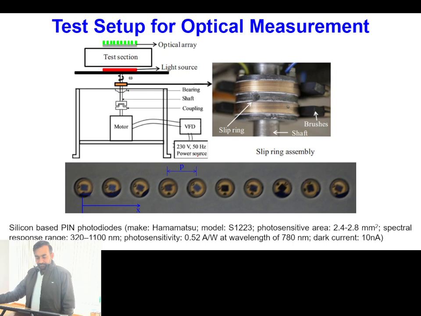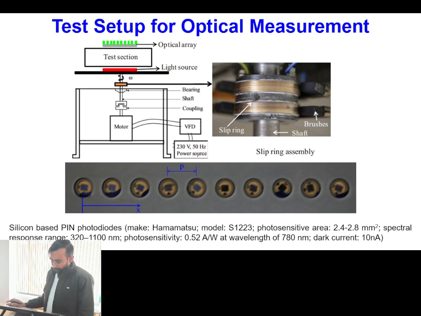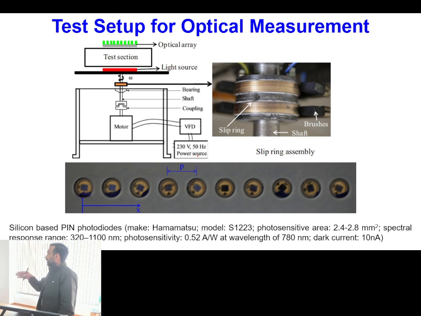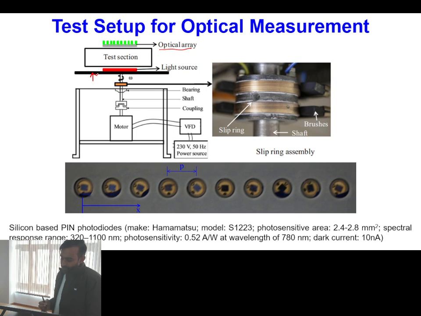Now, in one of the case studies we will also see where we utilize this configuration of optical sensors or photodiodes to even reconstruct the profile of curved surfaces. Okay, so in order to generate the curved surfaces, this entire test platform is placed on a rotating platform.